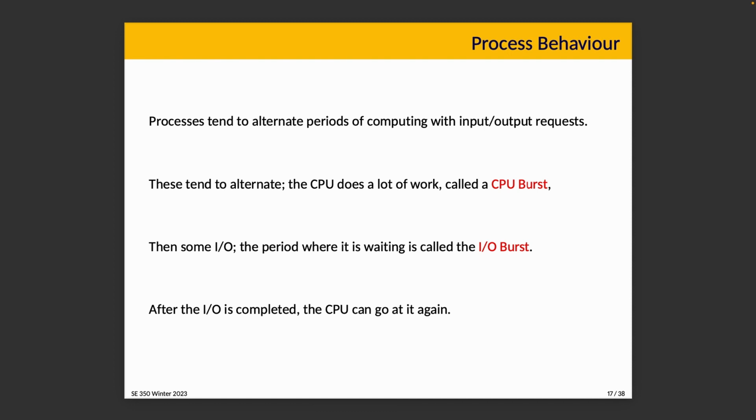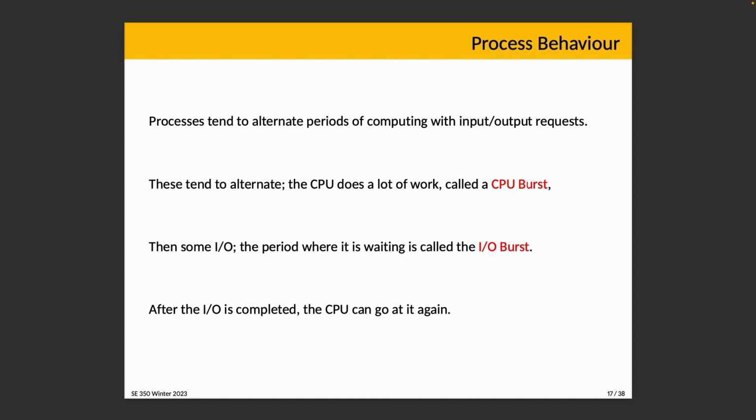That's just how the program executes. During the period when the CPU does a lot of work, we call that the CPU burst. Then there's the I/O, a period of waiting for the I/O, which we call the I/O burst. Not every thread follows this alternation pattern, and the time spent on each is very rarely 50-50, but nevertheless we do see patterns.